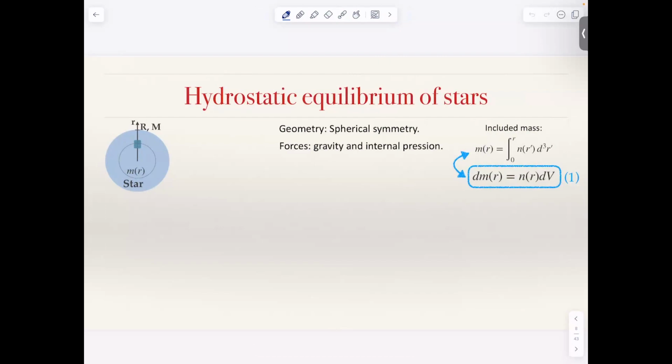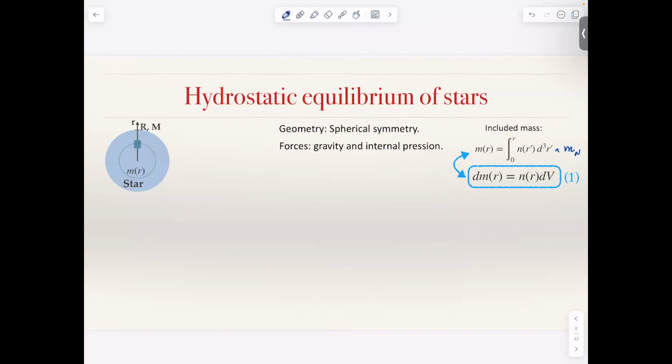So if I multiply by the mass of the nucleon, let's say, then this will be the included mass, because n is 1 over the volume. This is Newtonian, so we start with Newtonian.